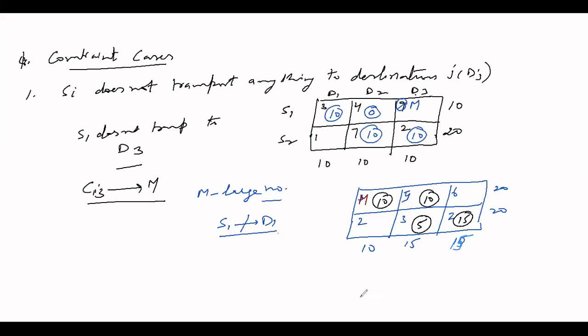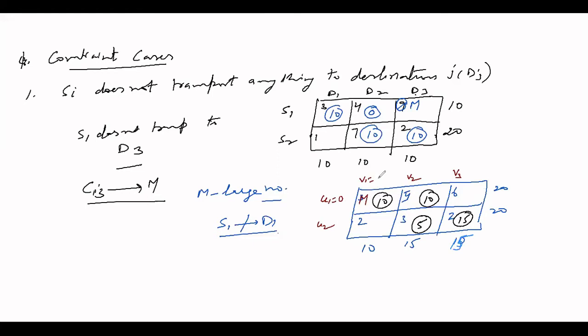Now to calculate ui and vj, I have u1, u2, v1, v2, v3. Suppose I am taking u1 equal to 0 in this case, because this is a basic cell and I do not want anything here, so I put the cost capital M in this case.